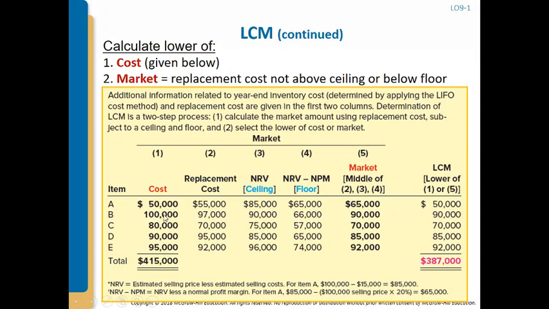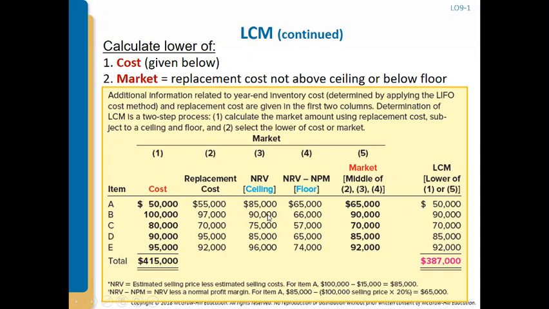Item B, cost is 100,000. Replacement cost is 97,000. NRV is 90,000. NRV minus NPM is 66.